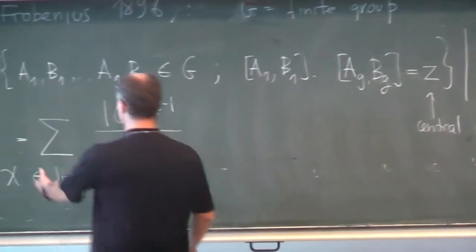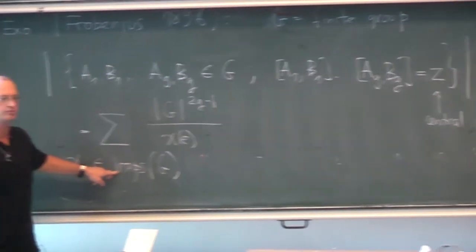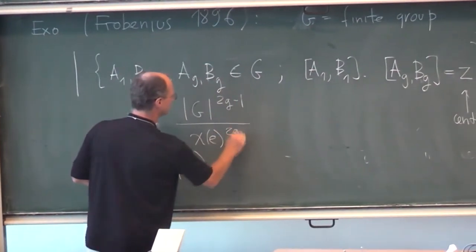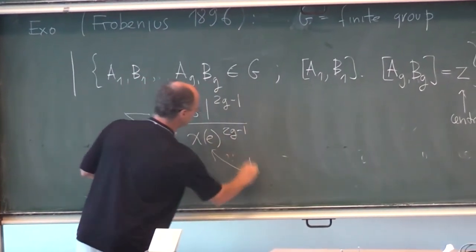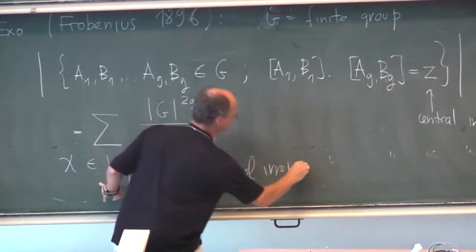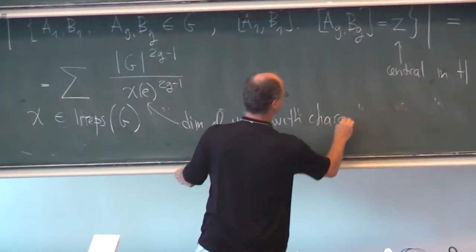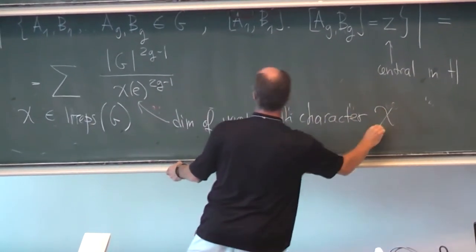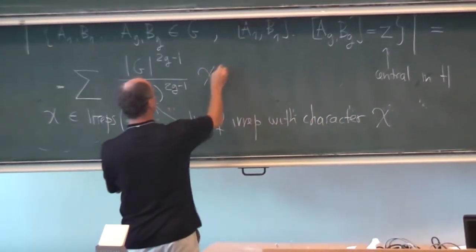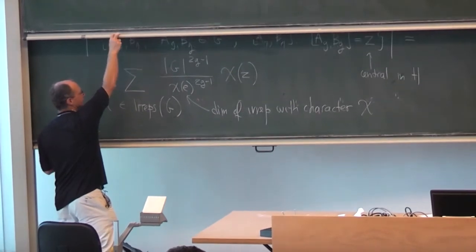So then there is a character computed at the group unit, which means the dimension. So these are dimensions of those irreducible representations to the power 2g minus 1. So this is just the dimension of the irrep with character chi, and here the character chi computed on this central element.